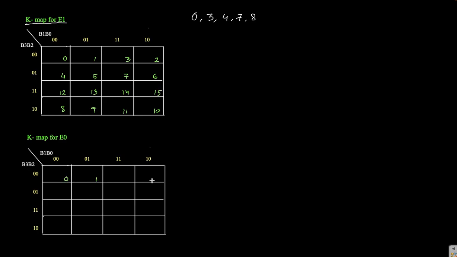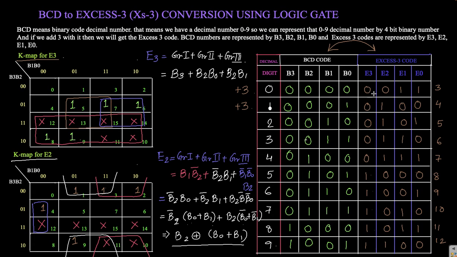So for E1 it is 0, 3, 4, 7, 8. We can again confirm it: 0, 3, then 4, then 7, then 8.